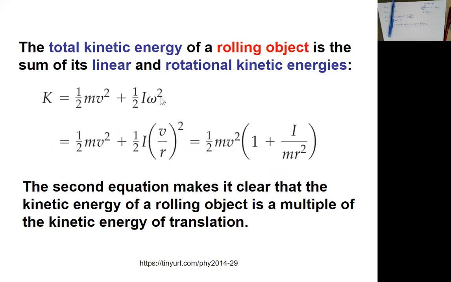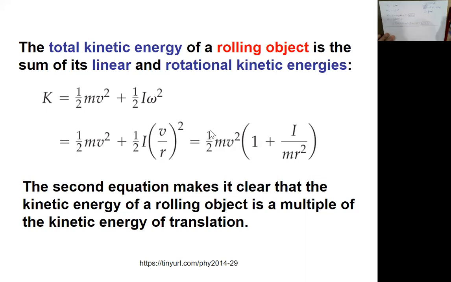For a rolling motion, you have the relationship v equals omega times r, or omega equals v over r. So you can rewrite this total kinetic energy as, I think there's 1 or 2 steps missing from here to there. Let me show you what's missing.